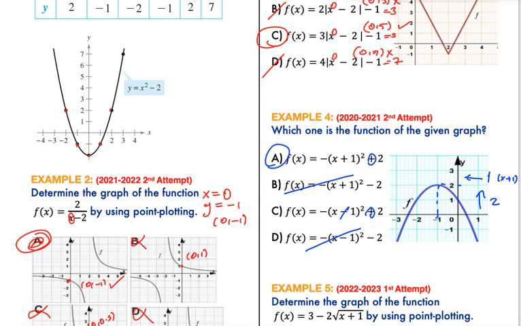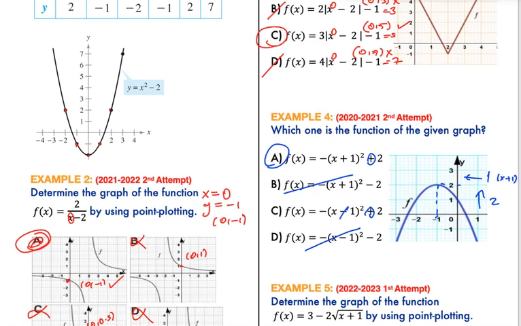If you remember the transformation rules, moving up means adding the number outside of the bracket. Moving left means adding the number inside the bracket. Reflection around x means a minus outside. So by knowing the rules of transformation, you can also solve this question.